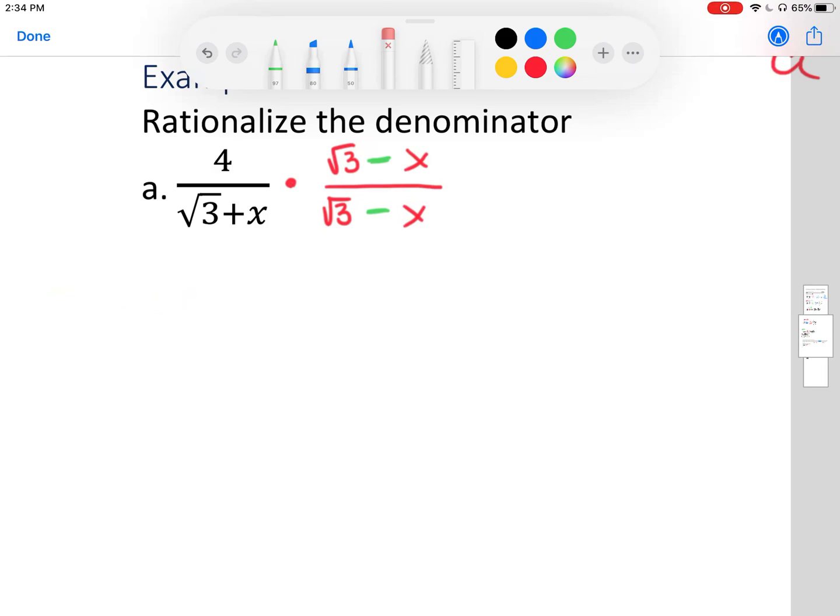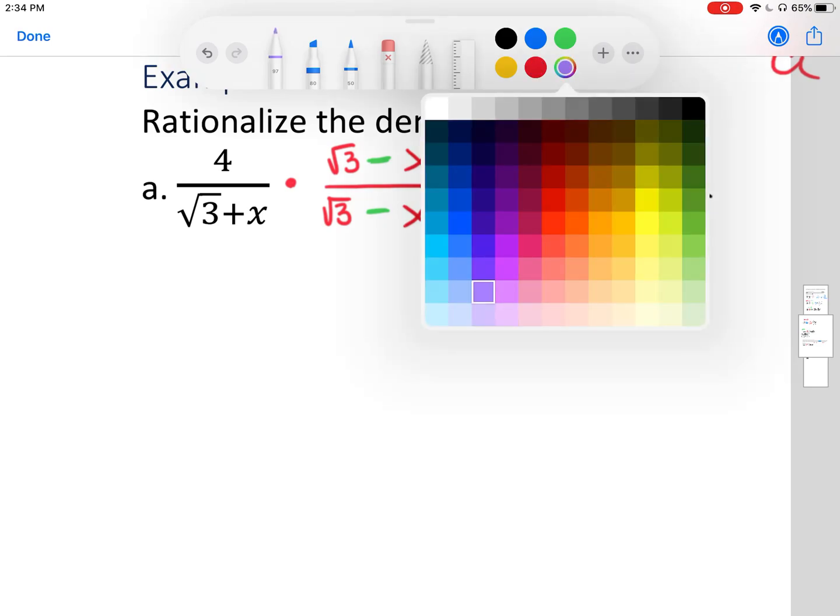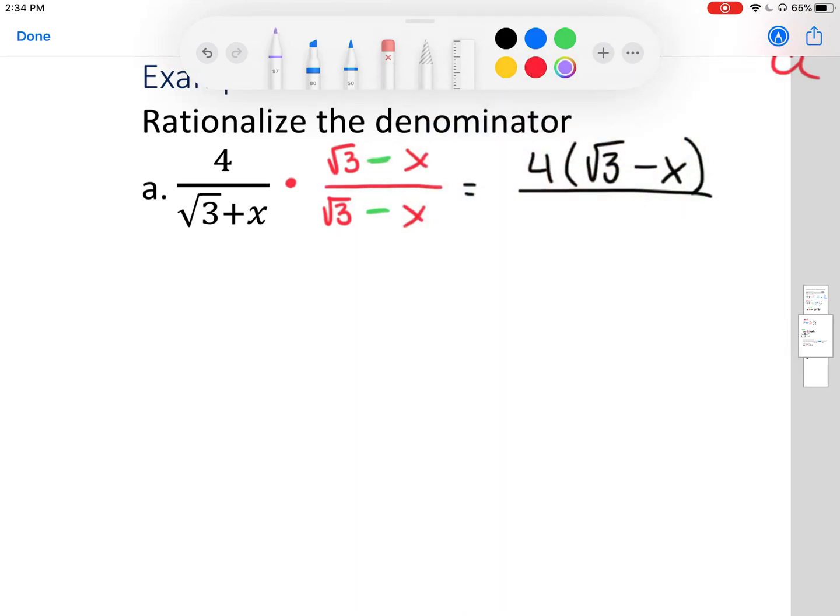Okay, so let's work this one out. I need to multiply my numerator. So I have 4 times square root of 3 minus x, and we're going to distribute. Now in our denominator, recall your differences of squares.